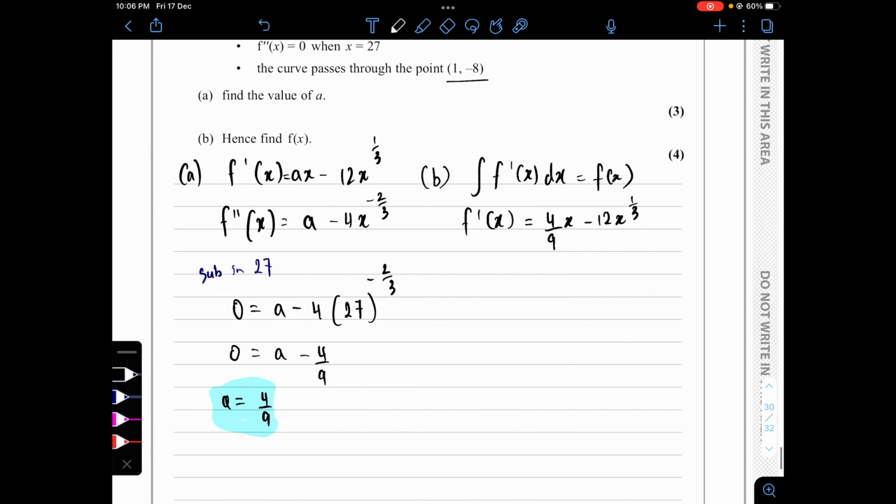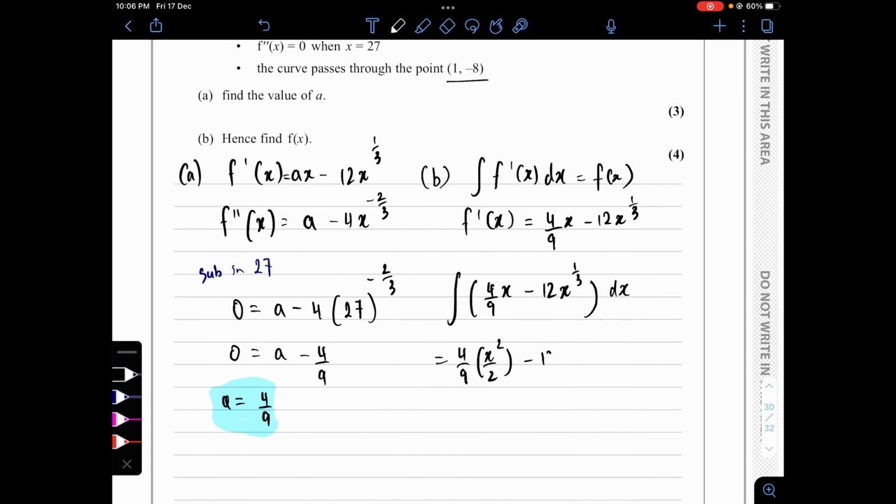Now we can integrate this, right? So the integral of 4 over 9 x minus 12 x to the third dx. So x to the power 1 becomes plus 1, x squared over 2. So 4 over 9 times x squared over 2.